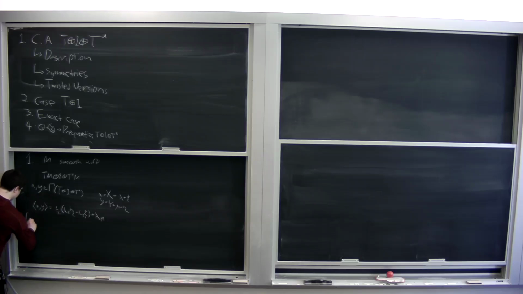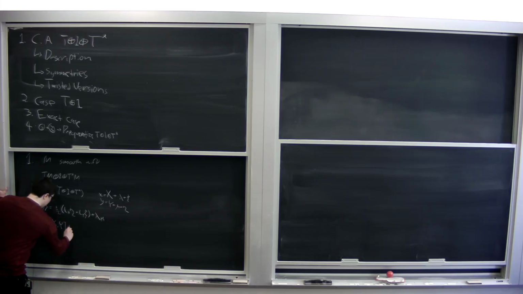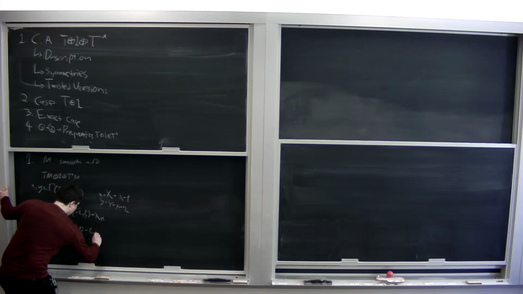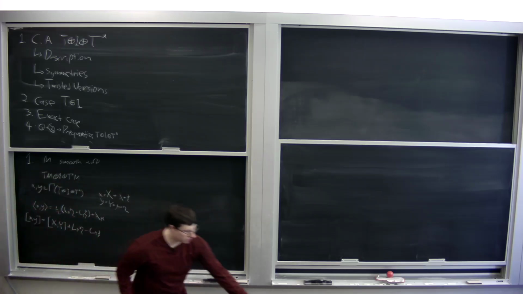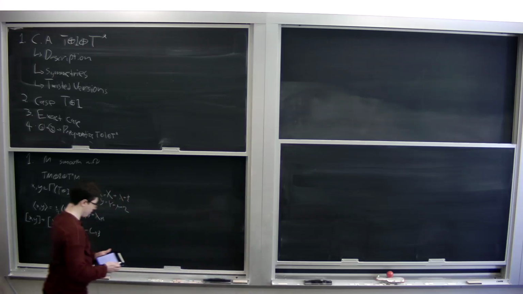The bracket is a bit longer. So for this, we first of all want to take the bracket of the vector fields, then the Lie derivative of x with respect to eta minus the Lie derivative of y with respect to c. Just going to look at my notes to make sure I don't get any of the terms wrong here.